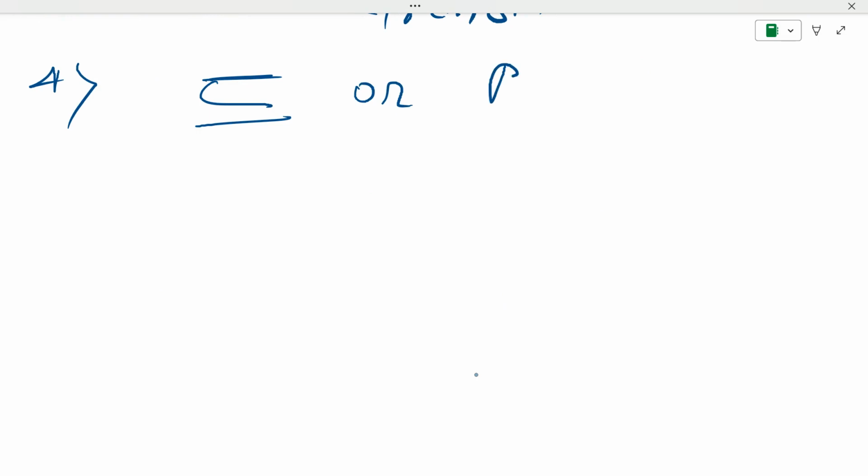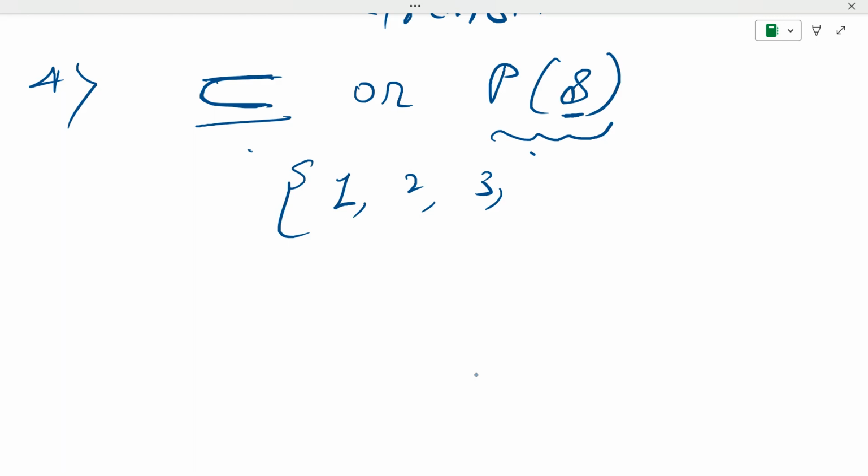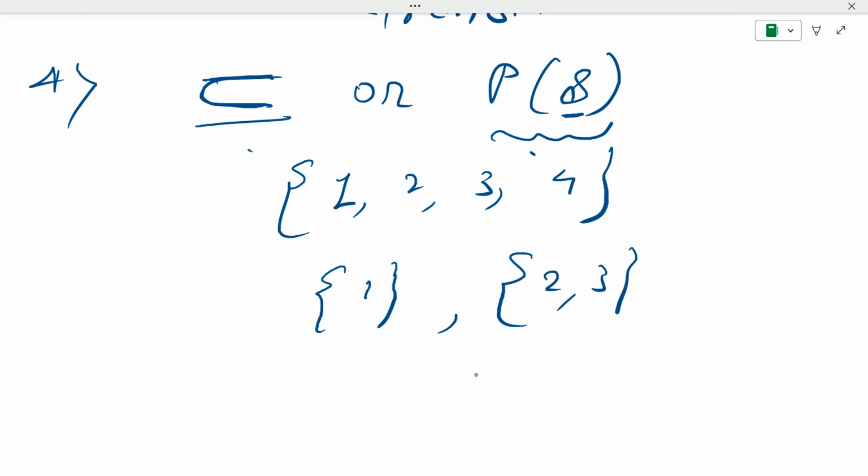Let's see the last example, the subset operator, and we are defining the subset operator on the power set of S. S is a set, and the power set of S will contain all the subsets of S. Now if we have S like {1, 2, 3, 4}, the power set of S contains subsets like {1, 2, 3}, {1, 4}, {2, 3}, consisting of all the subsets.